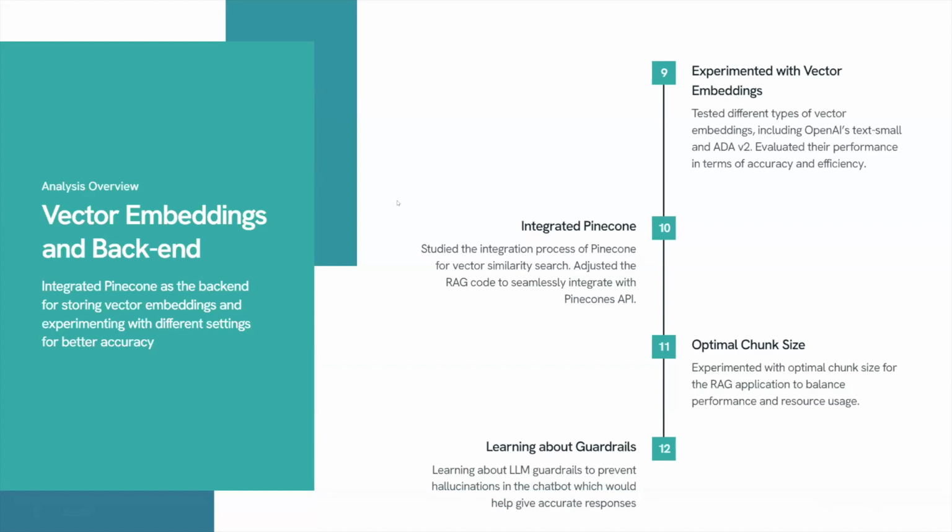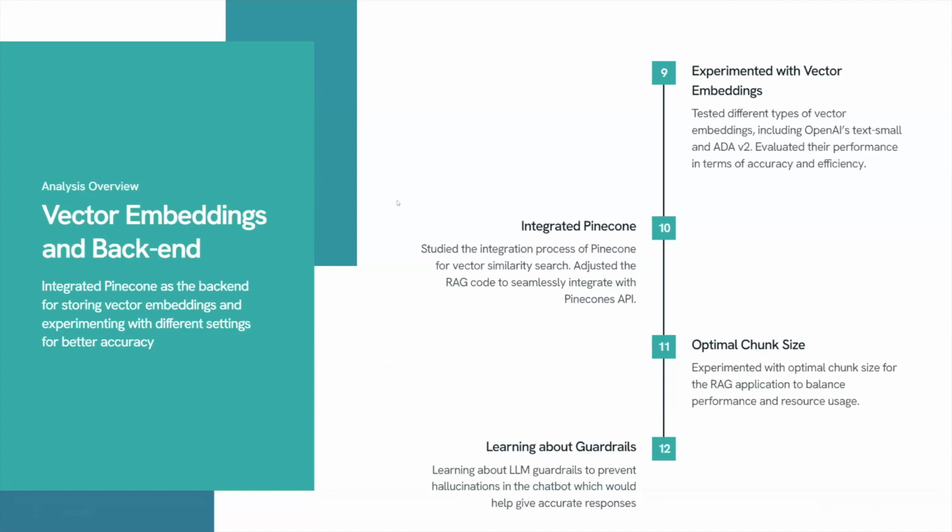Then I experimented with the chunk size. LLMs have a specific context window, and they can only understand a specific amount within that context window.